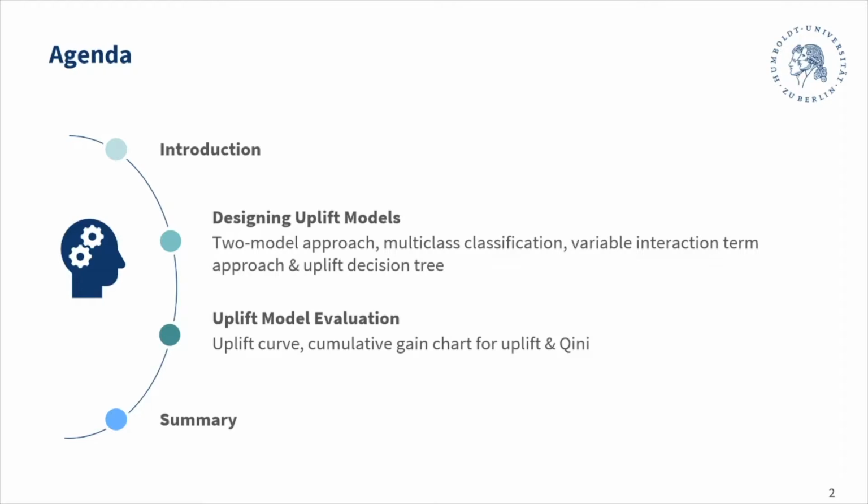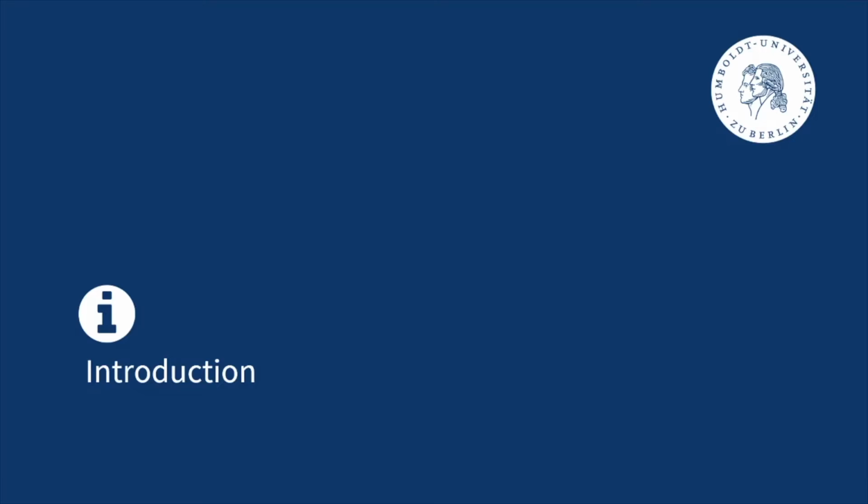And having found ways to build suitable models for the task, we typically also need new ways or revised ways to assess these models and judge their adequacy for the specific task. Same here. Uplift model design, uplift model evaluation. Intro, summary as encompassing part. Start with the intro.